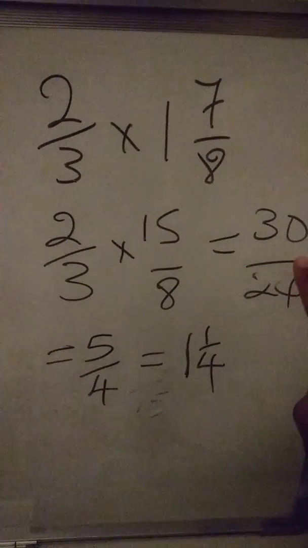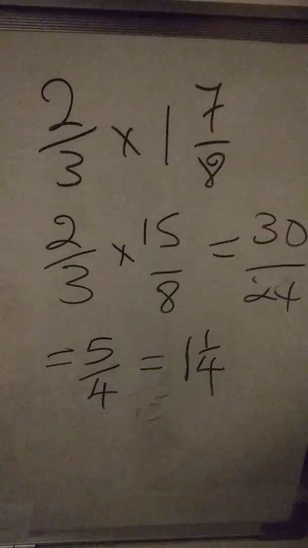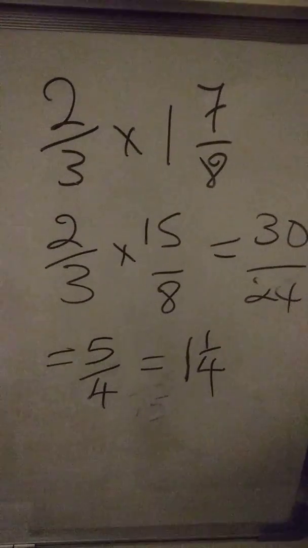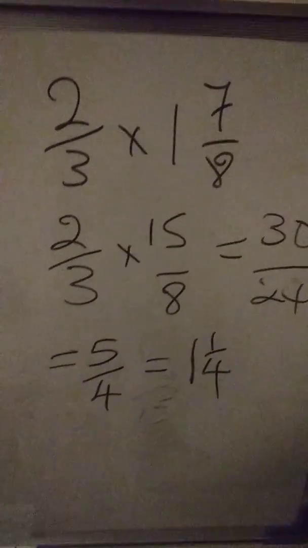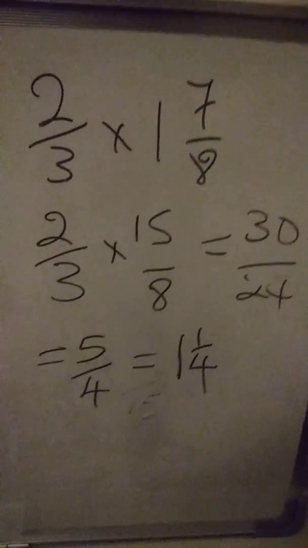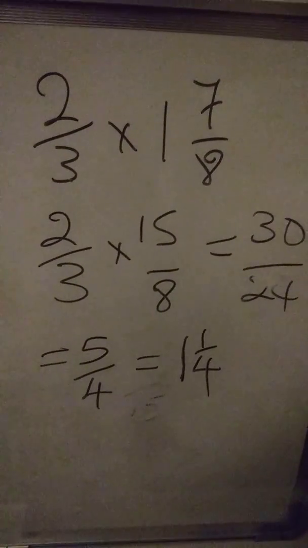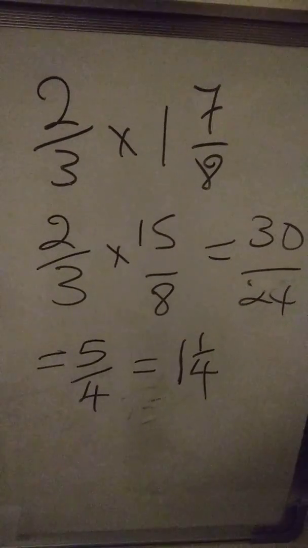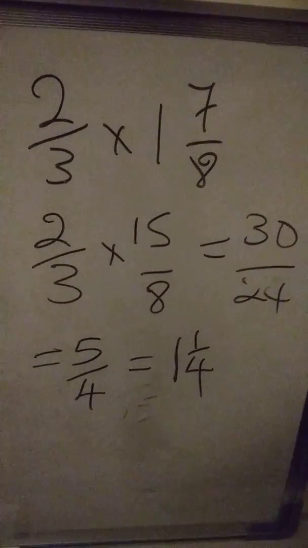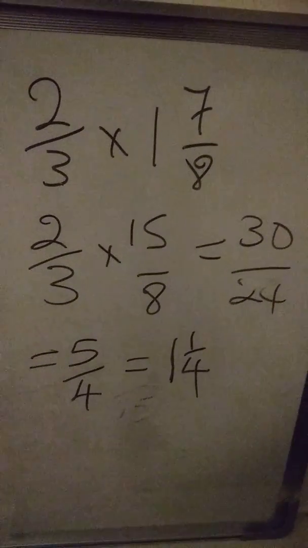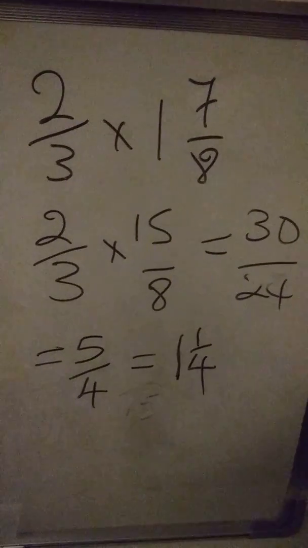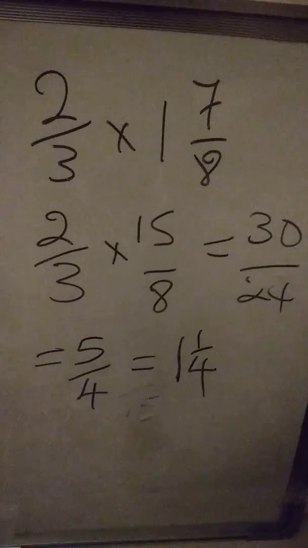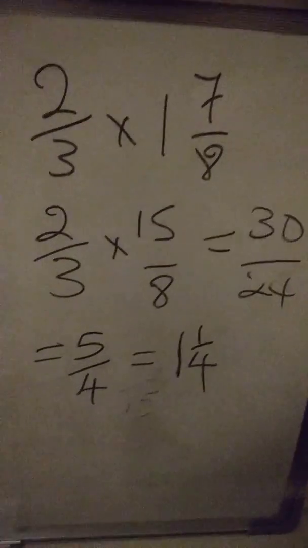So this is where the cancellation is going to take place. We find a number that can go into 30 and 24 without leaving a remainder. The same number that you find, you should use to divide both the numerator and the denominator, same number.